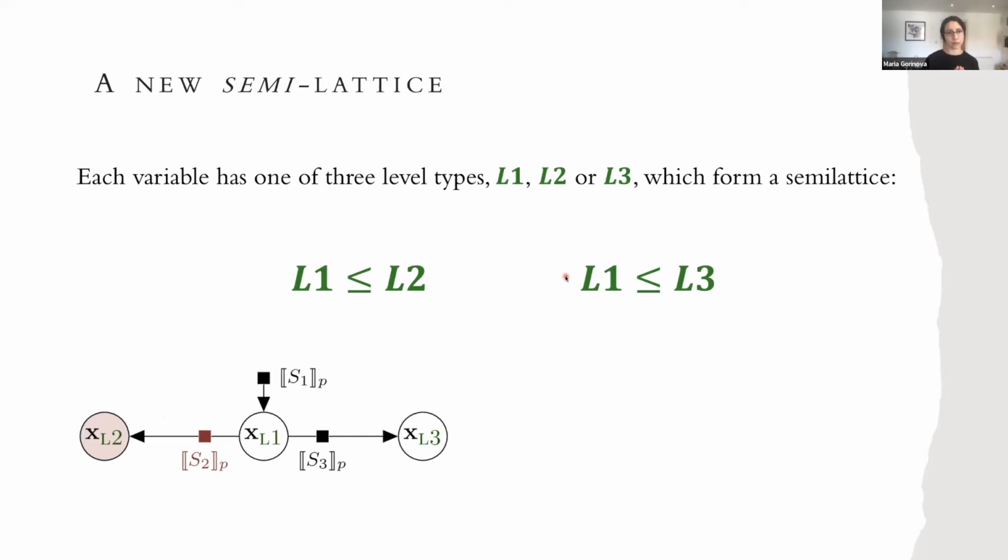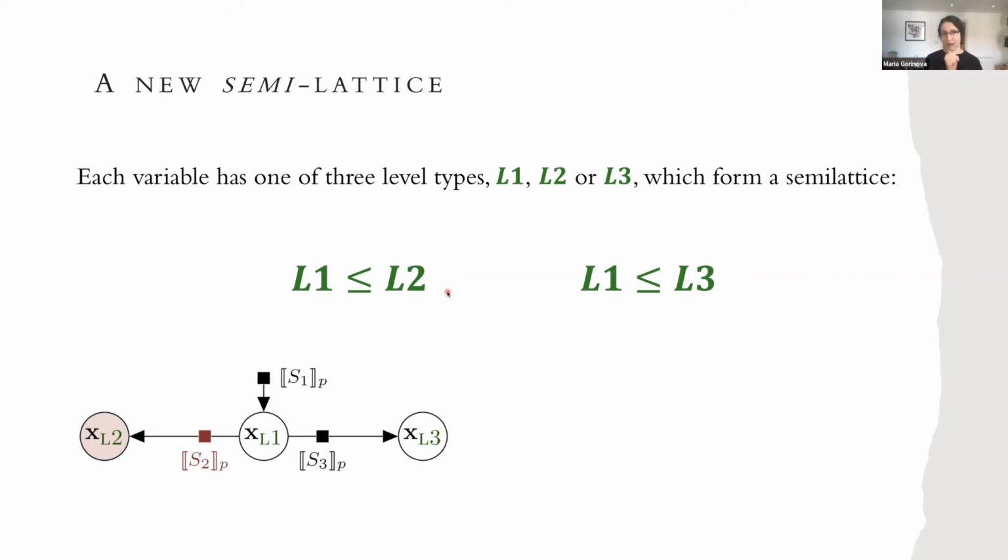So we again have levels. We have 3 levels, L1, L2, L3, but now they don't form a lattice, they form a semi-lattice. Information can flow from L1 to L2, and information can flow from L1 to L3, but it can't flow in the opposite direction, and also it can't flow between L2 and L3. So L2 and L3 are completely separated from each other via L1.